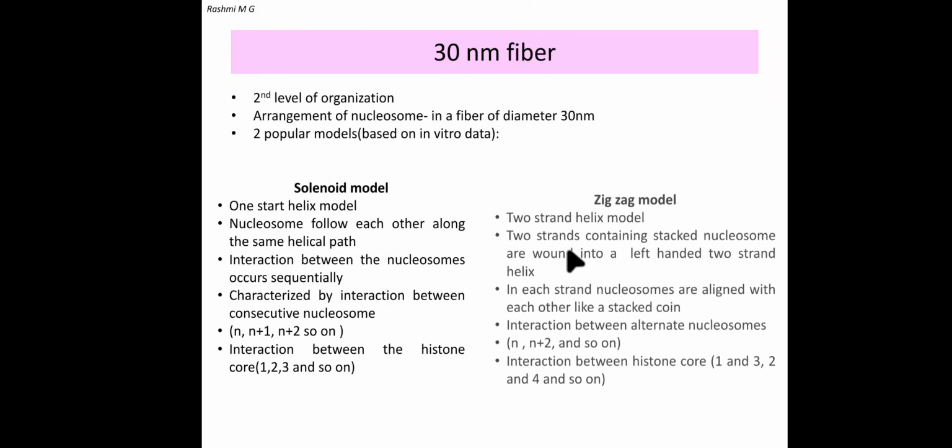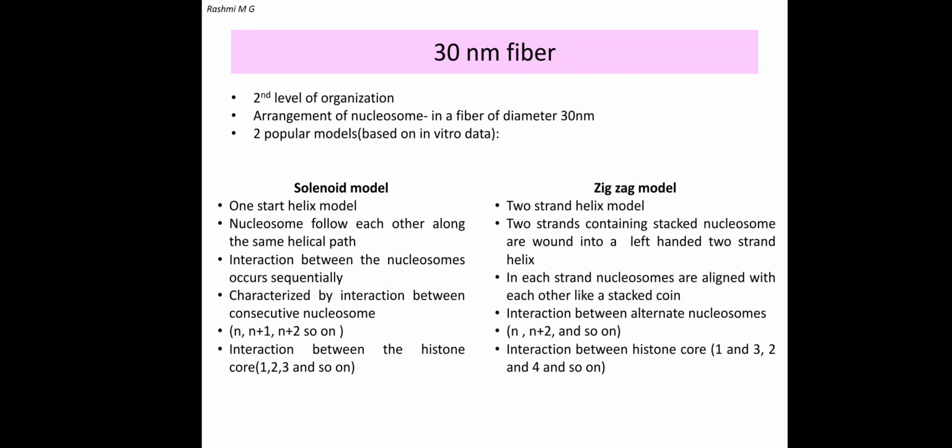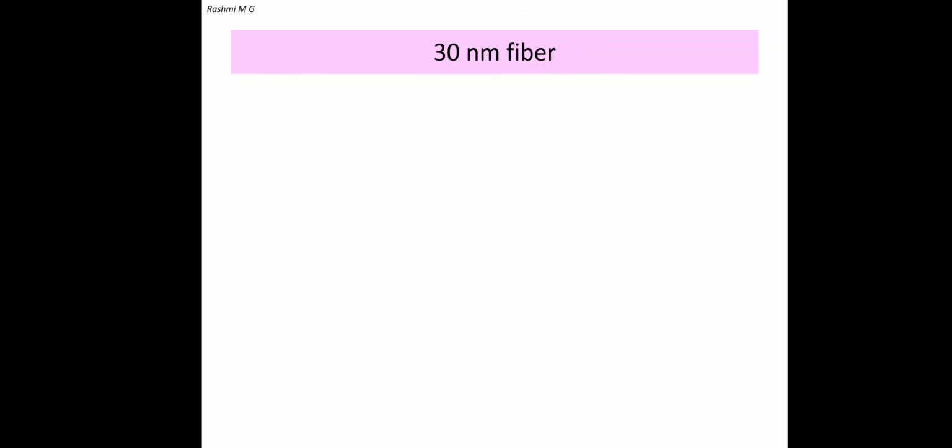Then this is the second level of chromosomal organization. So till now we know that the nucleosome has come into the picture, where the DNA is wound around the nucleosome, forming a beads-on-a-string type of structure.